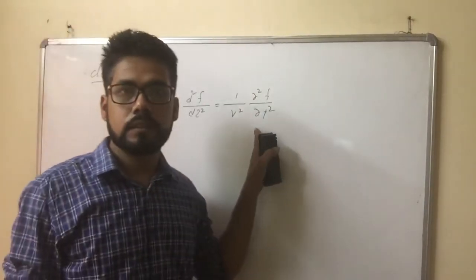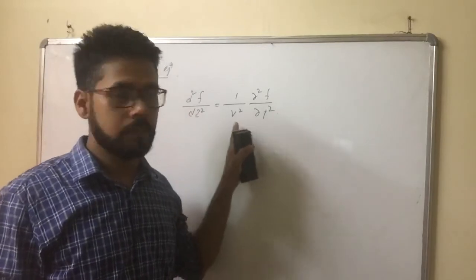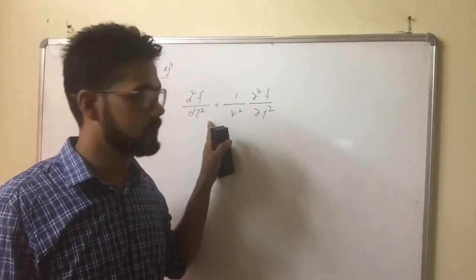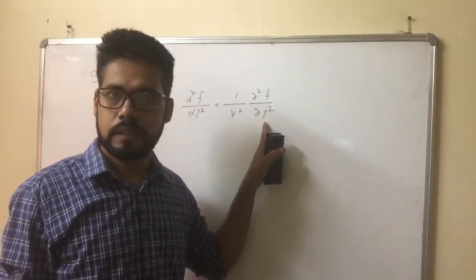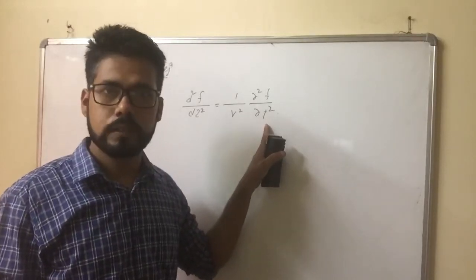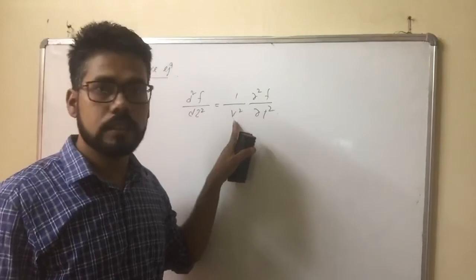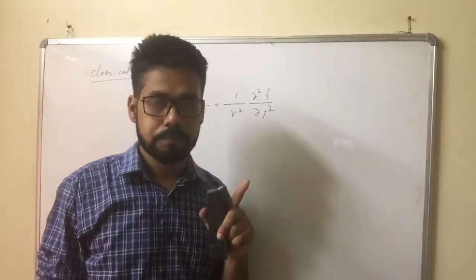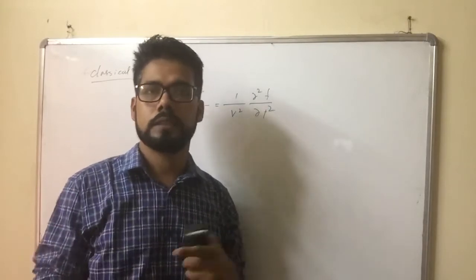This is a second order differential equation with respect to the spatial coordinate z, or you may take x, y, z, any function, and also second order with respect to time. Here you see this is v squared, and v squared means you will get two solutions, one positive v, one negative v.